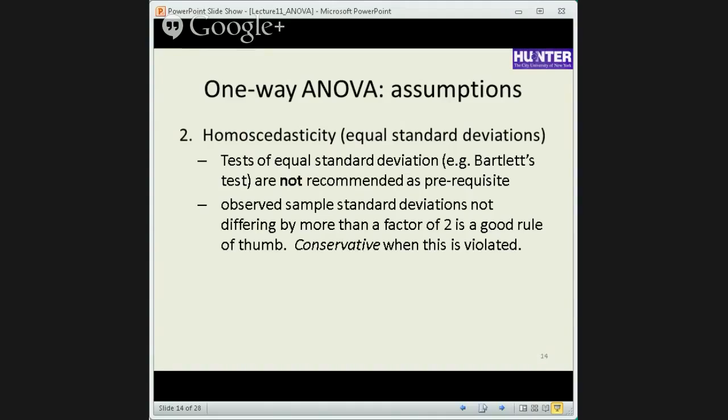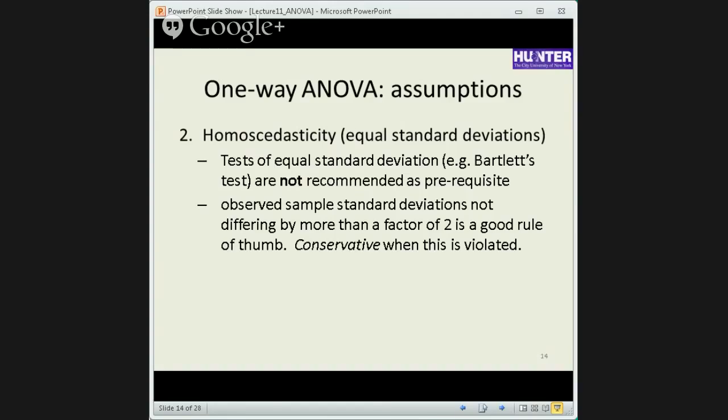By the way, I don't recommend that you use things like Bartlett's test, or other tests that you can do to detect deviations from homoscedasticity. I have heard this called the equivalent of sending a little rowing skiff out on the ocean to test whether it is calm enough for an ocean liner.